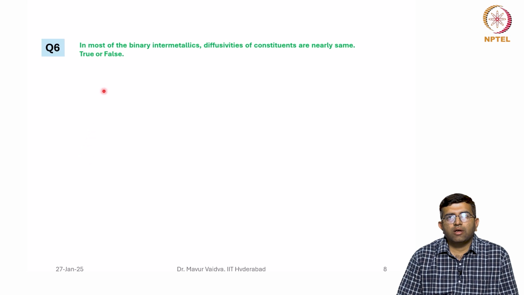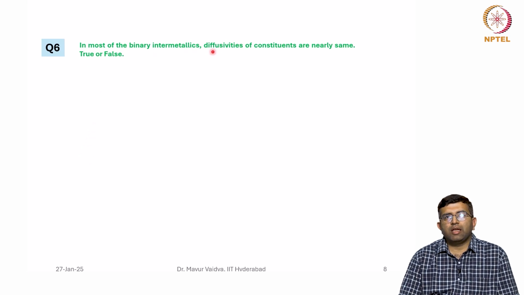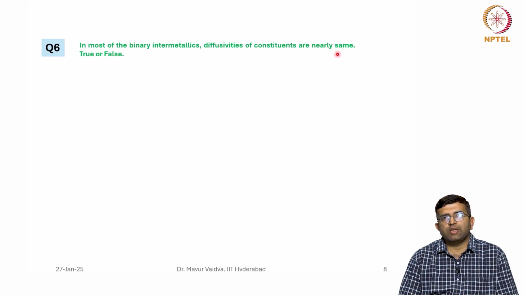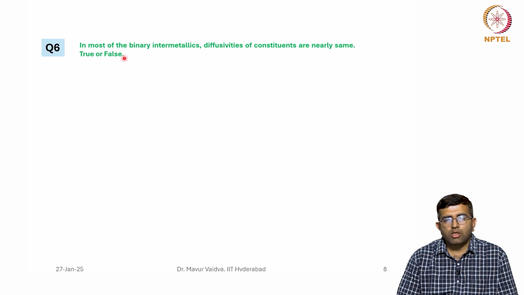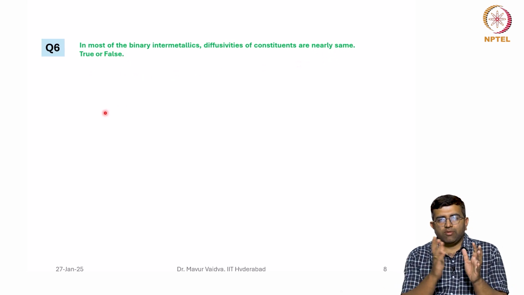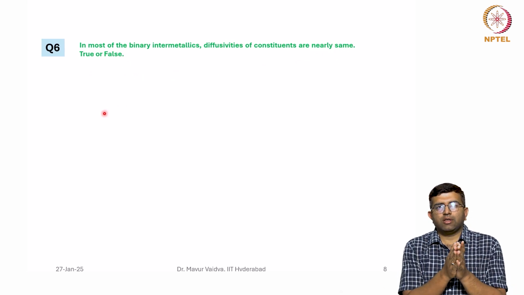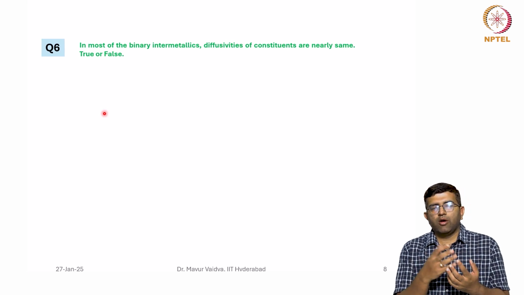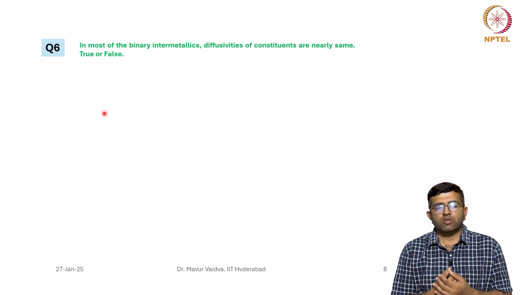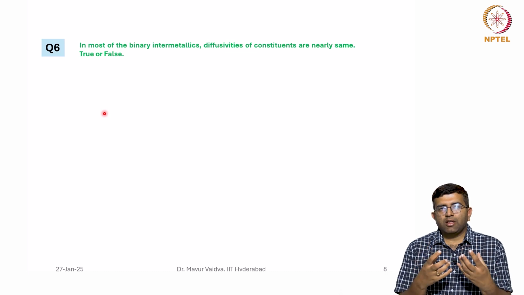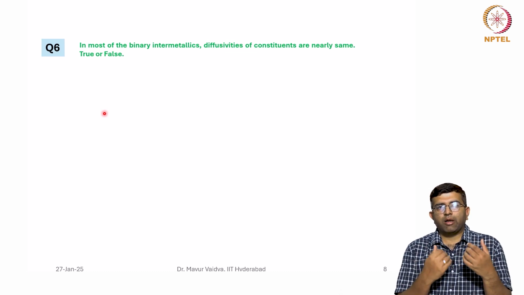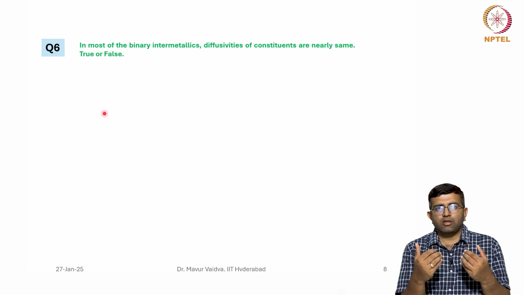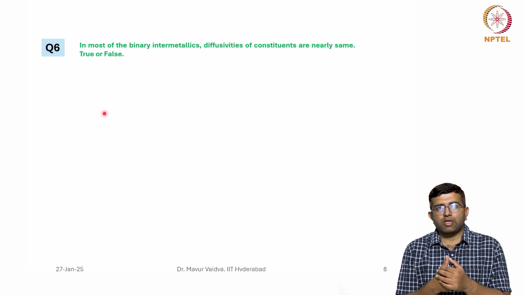Question number 6. In most of the binary intermetallics, diffusivities of the constituents are nearly the same, true or false. We have seen that the various mechanisms, for example the 6 jump cycle mechanism, the triple defect mechanism, or the ASB mechanism we just saw, everywhere involve both A and B, because the jump sequences are long so that the long range order is maintained.